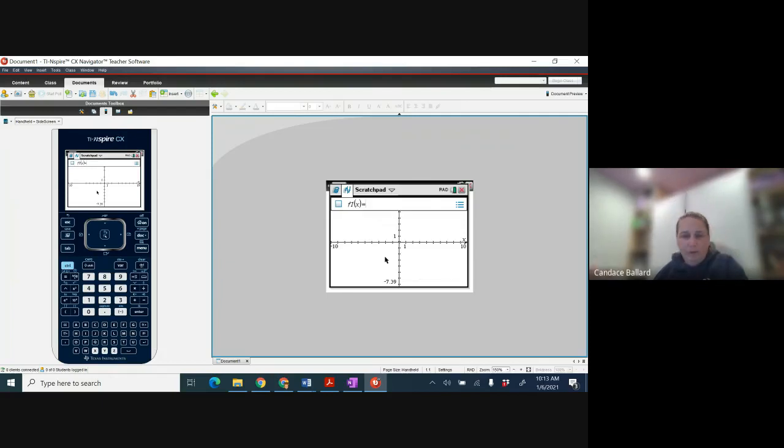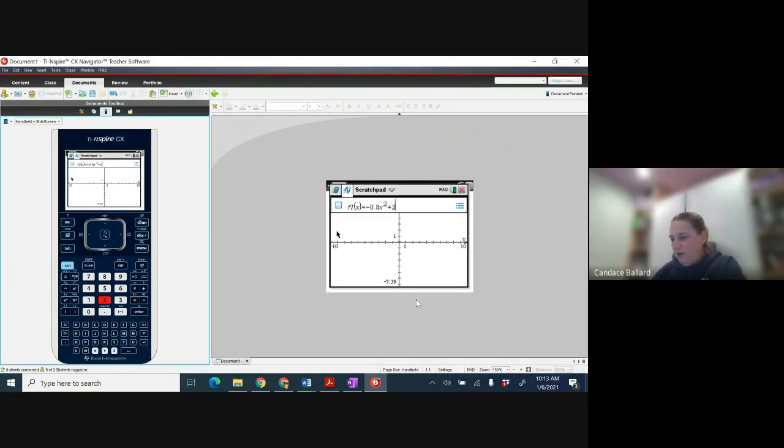So I'm going to type in that equation, and it was negative 0.8. I'm not going to use the t. Remember, I have to use an x, and then I'm going to hit that little squared button there, and then plus 24x.